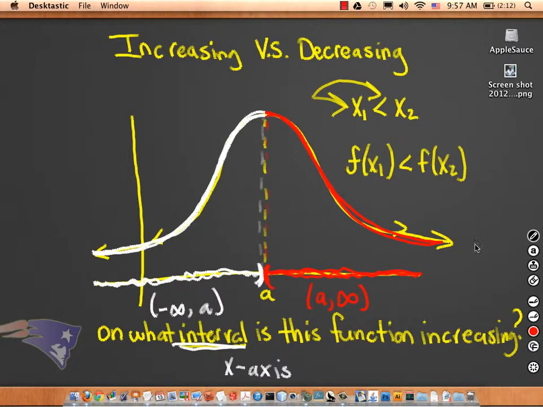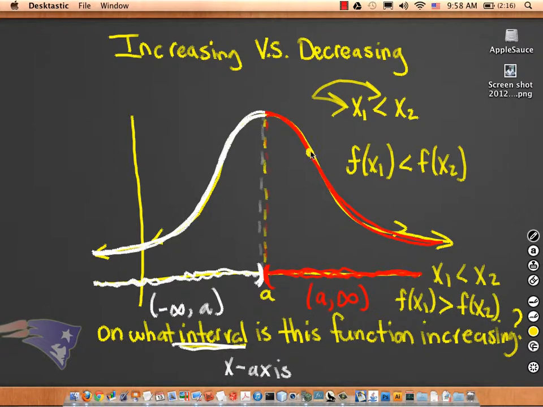Now, what does it mean to be decreasing? I know that to increase, x1 has to be less than x2. So for decreasing, careful now, it's still the same: x1 is still less than x2. But what has to be different about the function? f of x1 must be greater than f of x2.